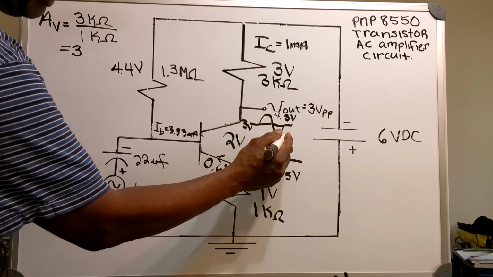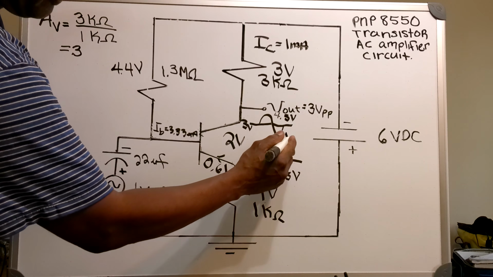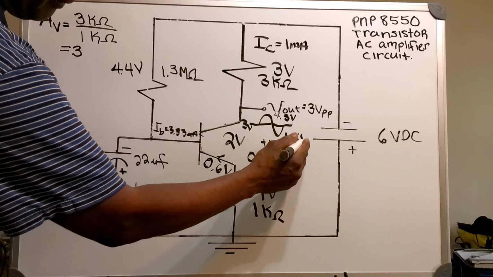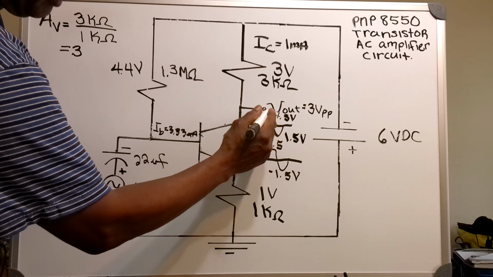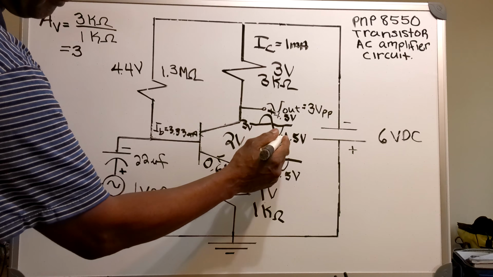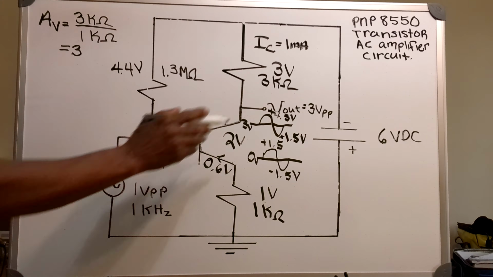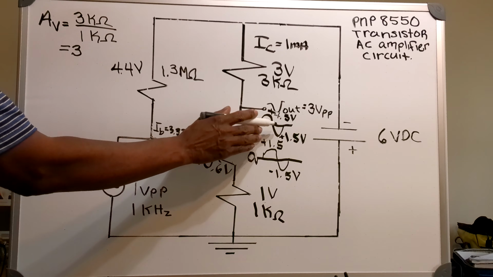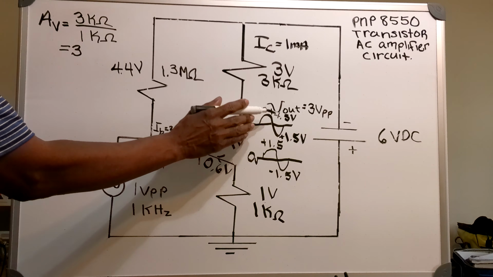That will give me 1.5 volts at the bottom. And both of these voltages are positive. And notice that I still have a 3 volt peak to peak difference between the top and the bottom.